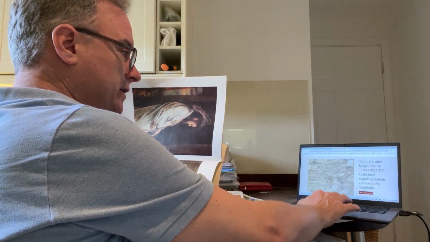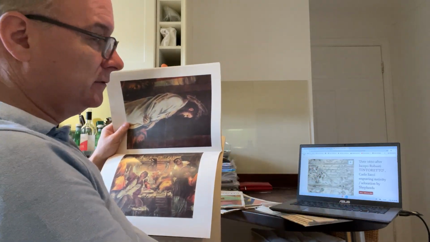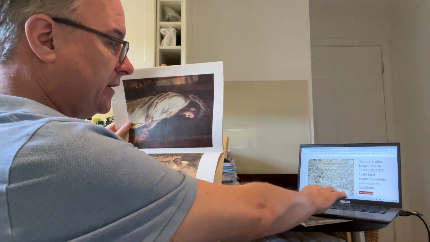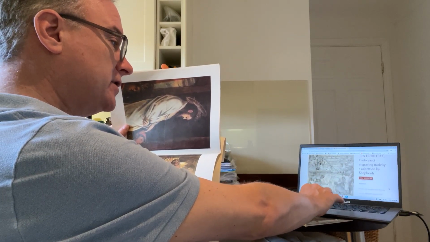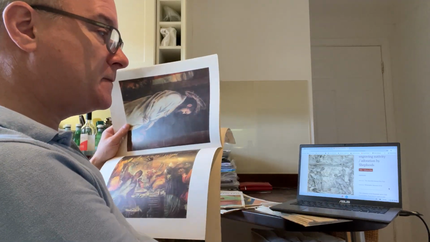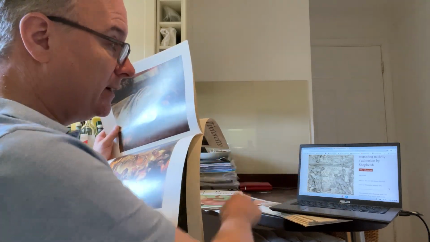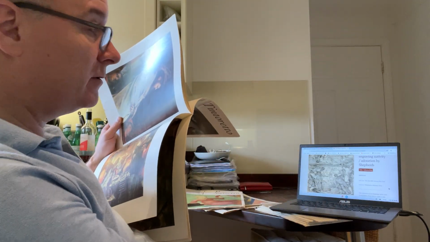So this print we have for sale was printed in 1650. It was engraved by Carlo Sacchi. There's one in the Philadelphia Museum of Art, the same as that. There's one in the Metropolitan Museum in New York, same as that.